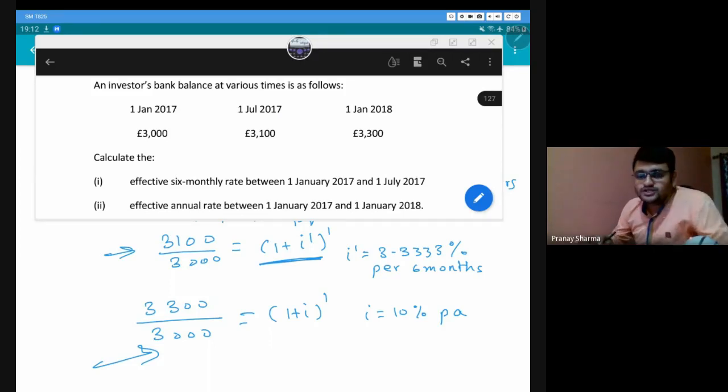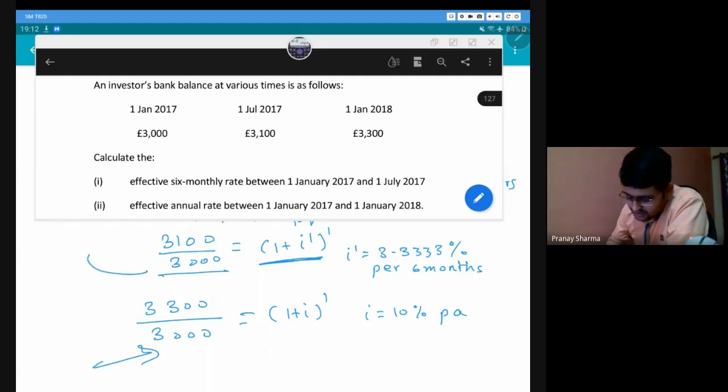If I assume these to be totally different transactions, let's assume that I invested 3,000 rupees, and in 6 months I received 3,100 rupees. And I invested another 3,000 rupees somewhere else, and in 1 year I got 3,300 rupees. These were two different investments.